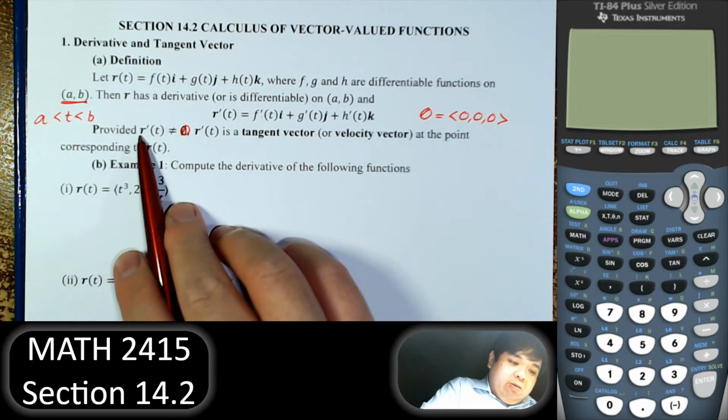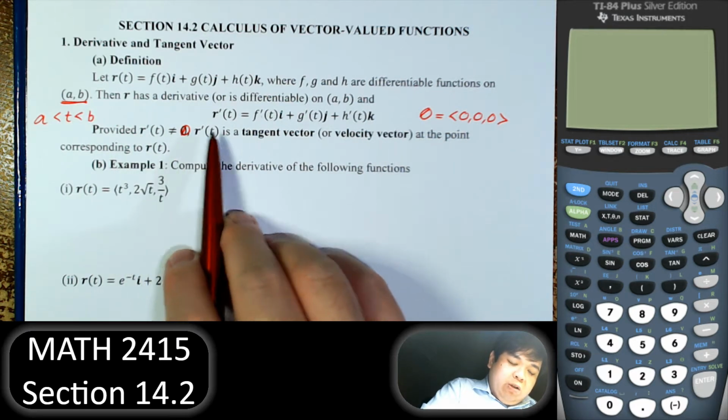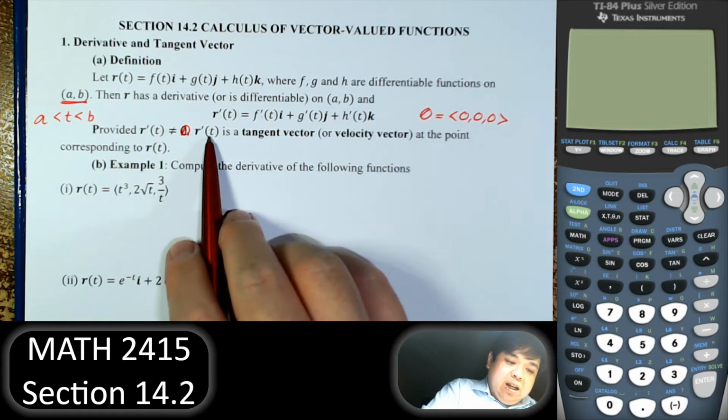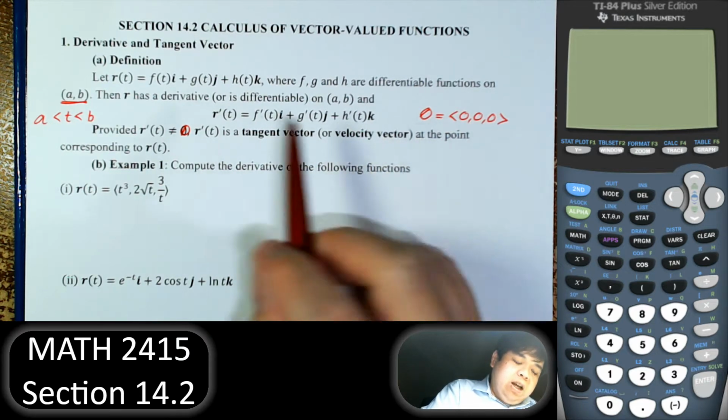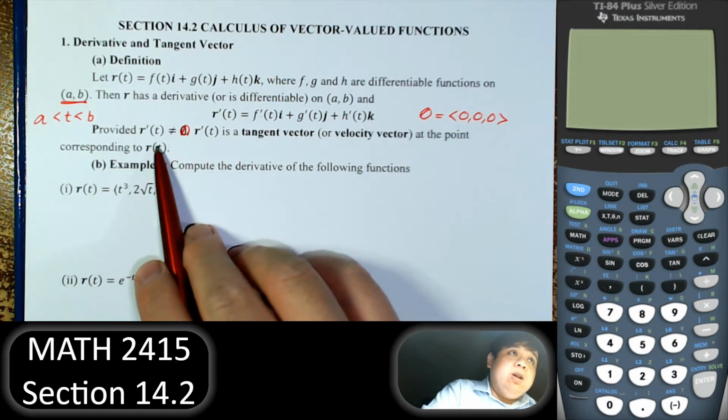And if the derivative is not equal to the zero vector, then it is called the tangent vector or the velocity vector at the point corresponding to this t.